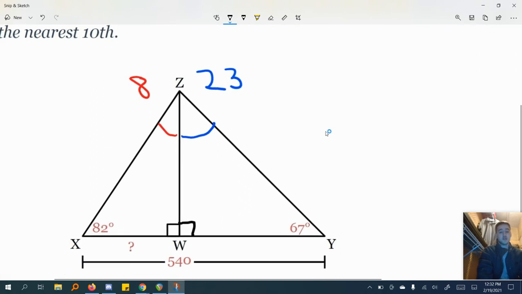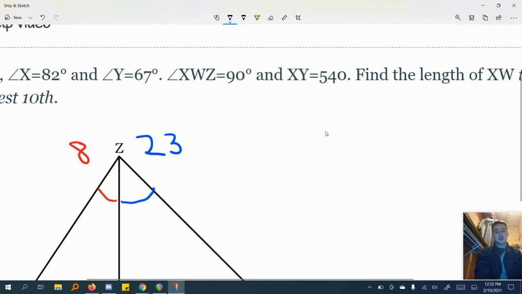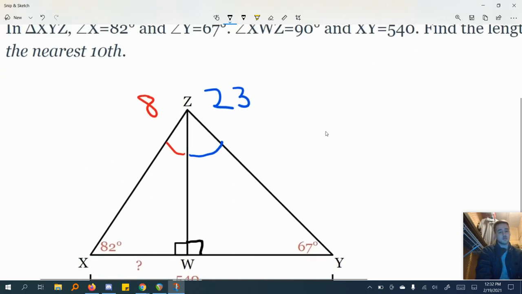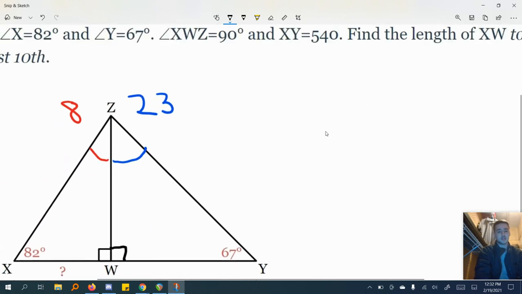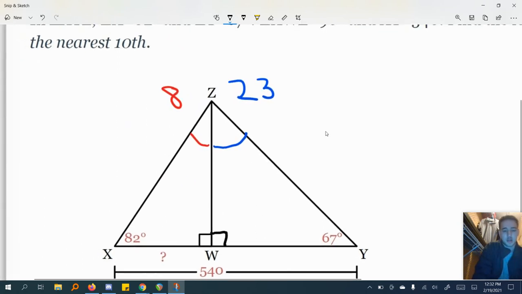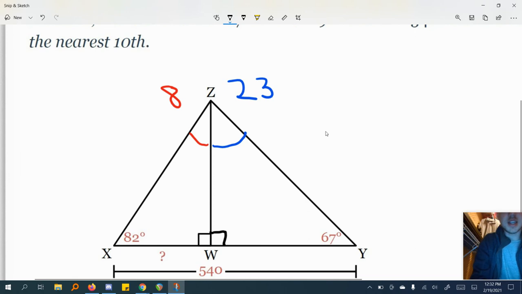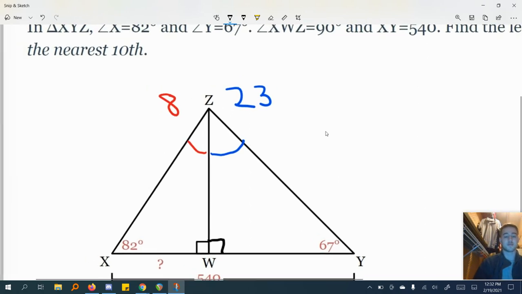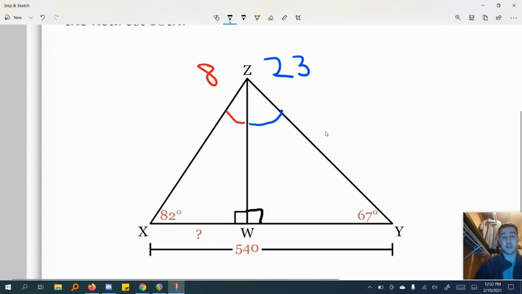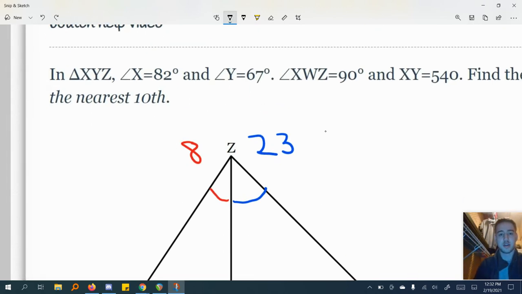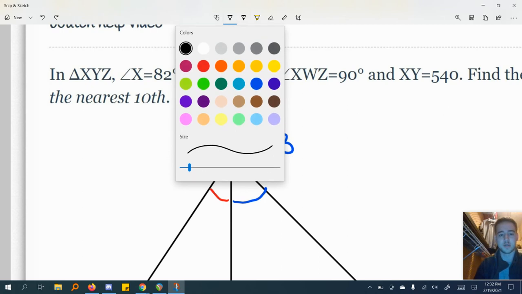So we have a pretty solid start. And what we want to do is find the length of xw to the nearest 10th. The easiest way that we can do that is going to be through a law of sines, I believe. And the way we're going to do that is say this whole angle is 31. I'm going to make that purple because it's red and blue.